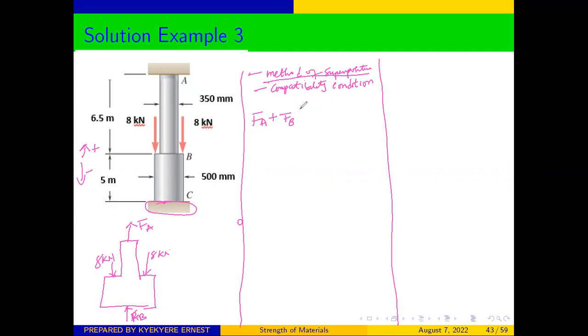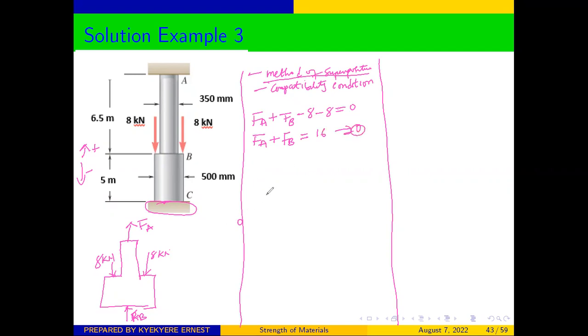Then we have the 8 coming down, so minus 8, should be equal to 0. And from there we can see that FA plus FB is equal to 16. This will be our equation 1.